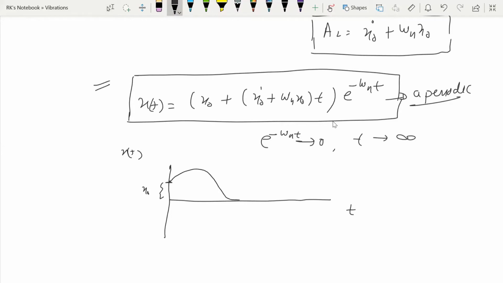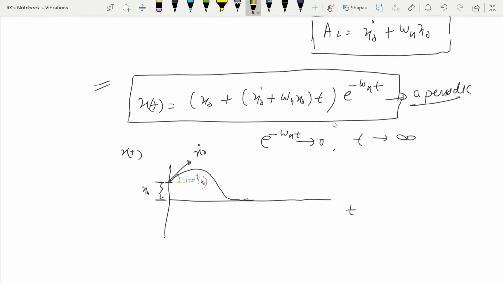So after some time it will approach 0 and it will not surpass the equilibrium position. This value represents the initial displacement at t equal to 0, and the slope of this represents the velocity x naught dot. So the value of this angle is represented by tan inverse of x naught dot.